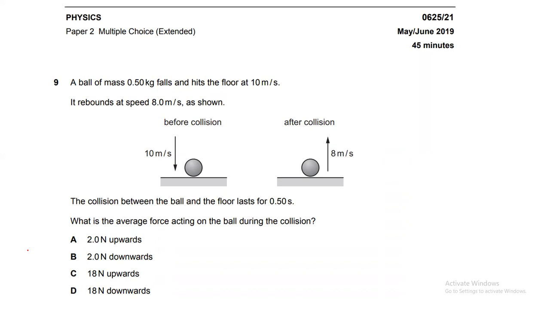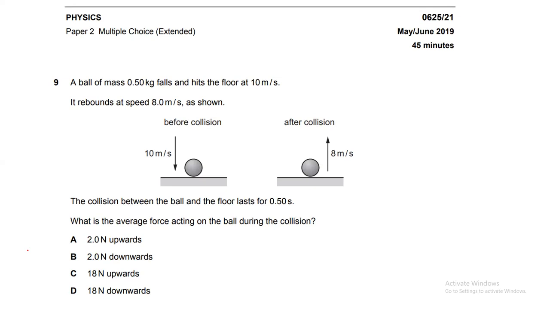Okay. So we know the mass of the ball, and the collision between the ball and the floor lasts for 0.50 seconds. What is the average force acting on the ball during the collision? So the average force acting on the ball during the collision can be found.